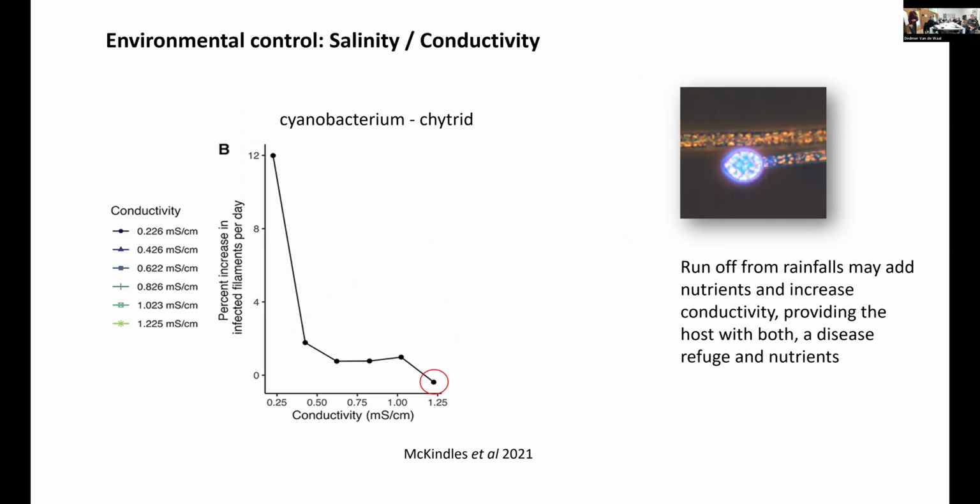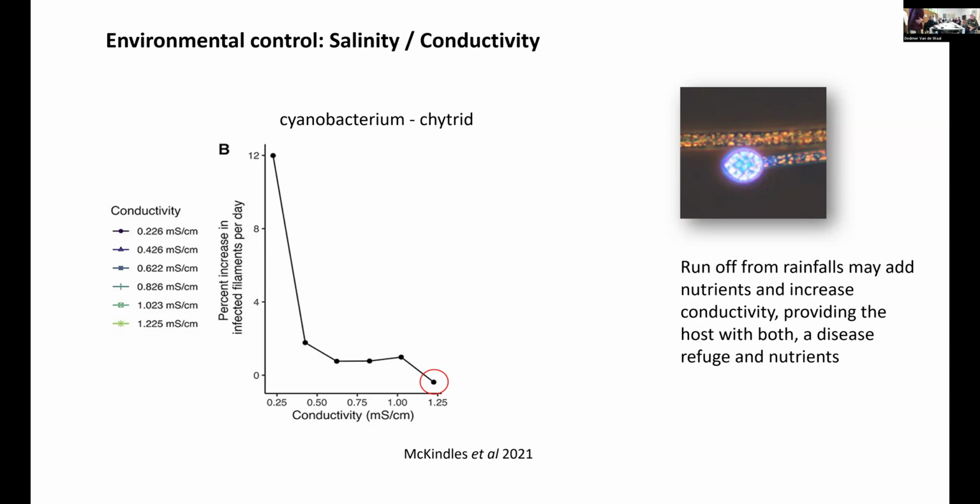That's an example by McKindles and co-authors looking at conductivity and infectivity, the percent increase in infected filaments per day in the ParAqua-COST system, across a range of conductivity, so not directly salinity, but just electrical conductivity of the water.